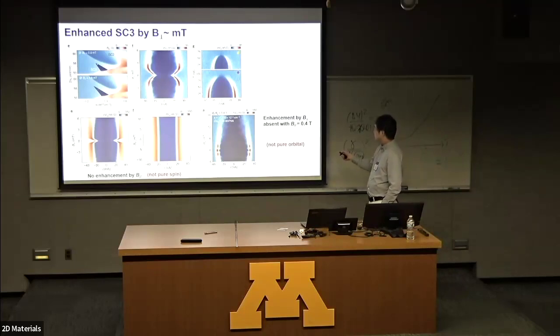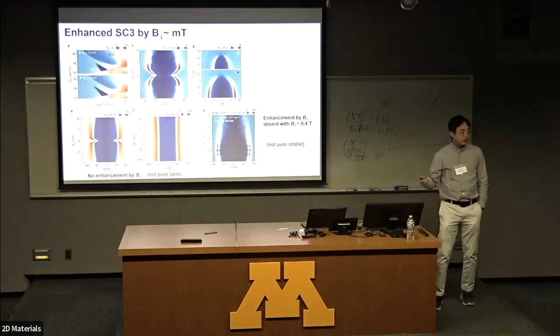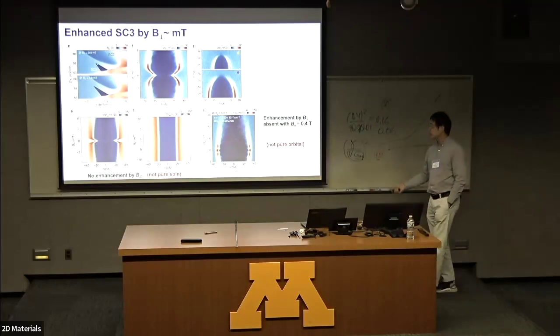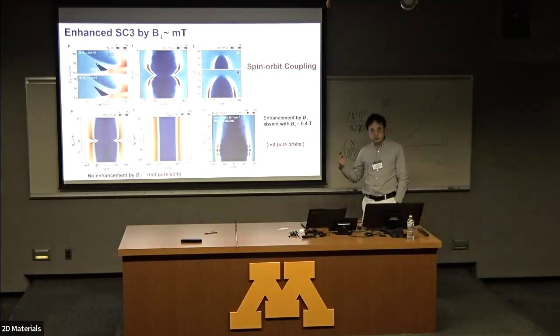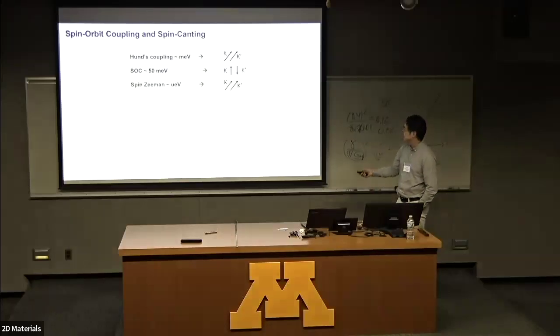We apply a 0.4 Tesla in-plane magnetic field, we scan the out-of-plane field again, and there's no enhancement. It's a monotonic decrease of the critical parameter. So this is also not a pure valley effect. And then you have only one way out, right? If it's not pure spin and not pure valley, it has to be something related to spin-orbit coupling. It has to be somehow combining both of them, right?